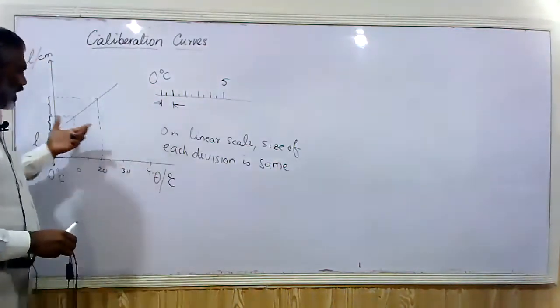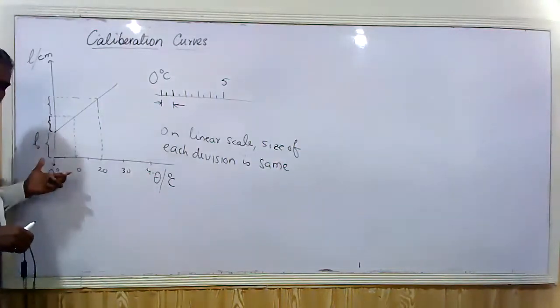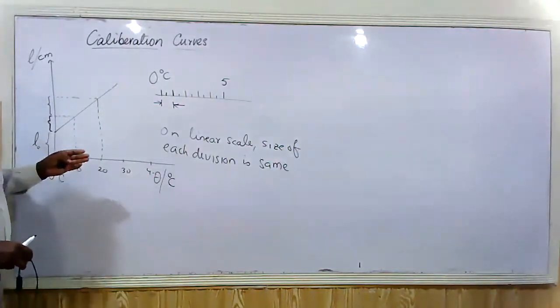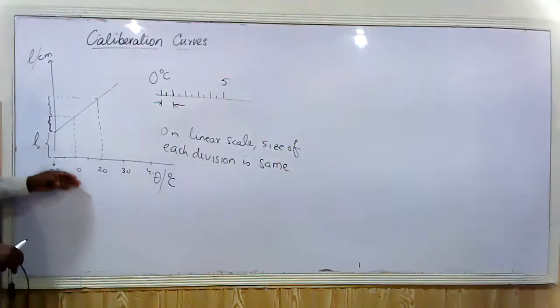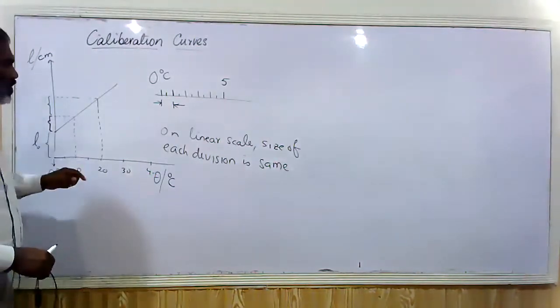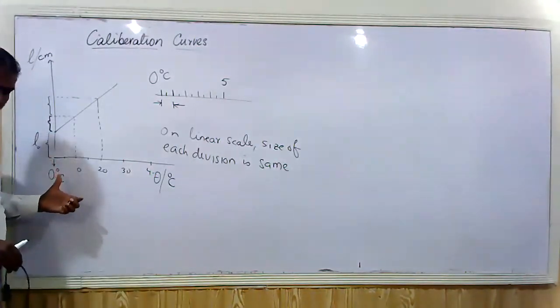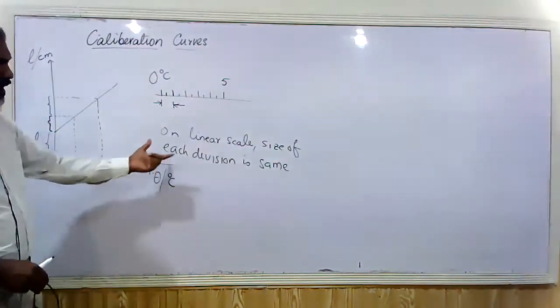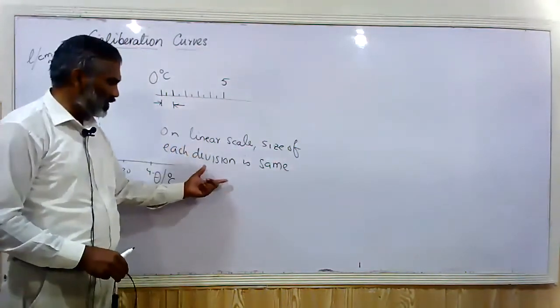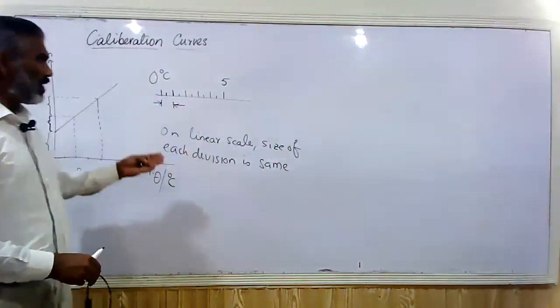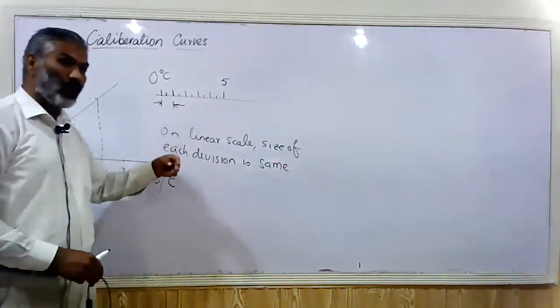It is actually based on a graph which was the graph between the temperature and the length of the mercury column. So any such study which leads to our understanding of how much should be the length of the division and whether this scale is linear or non-linear.